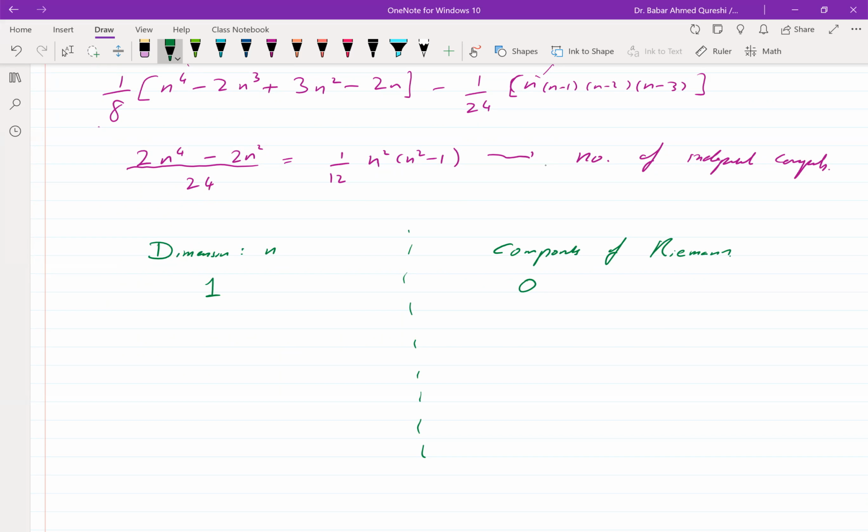So essentially, a one-dimensional space has no intrinsic curvature.